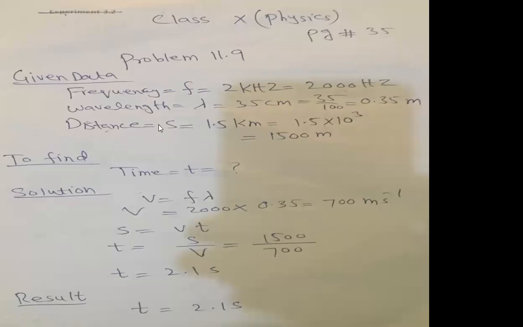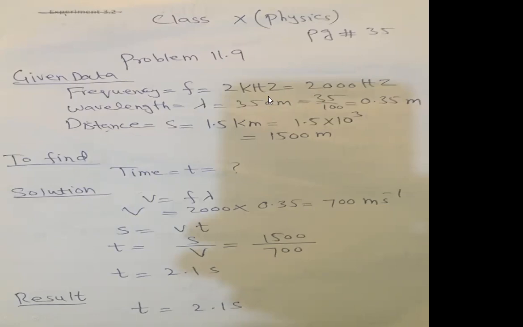The wavelength given to me is 35 centimeter, as you can see in numerical 11.9. Again, centimeter is a smaller unit of length, but we need to convert this into the SI unit, and the SI unit of length is meter. So you will divide this 35 by 100.